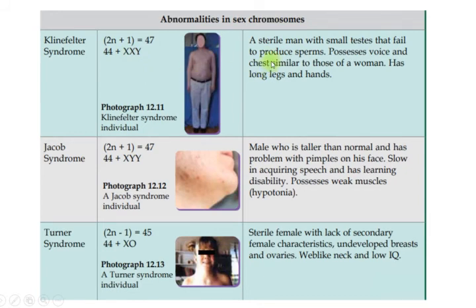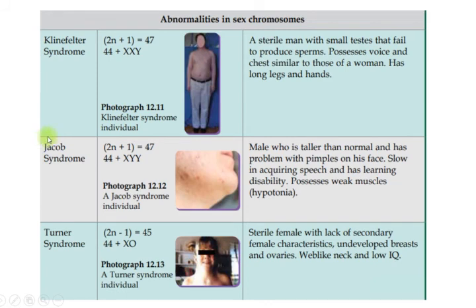What are the characteristics of a Klinefelter syndrome man? A sterile man with small testes that fail to produce sperm, possesses voice and chest similar to those of a woman, and has long legs and hands.